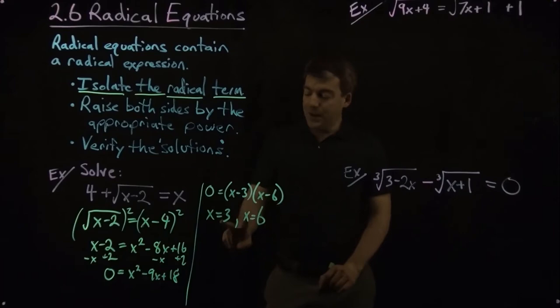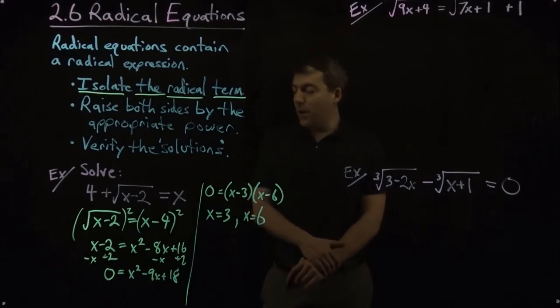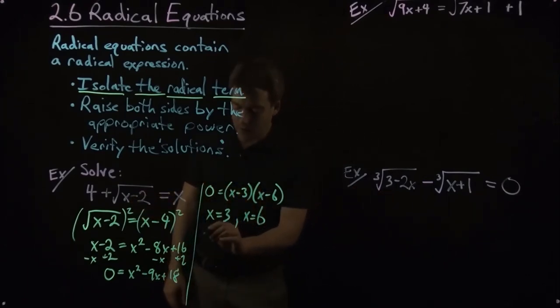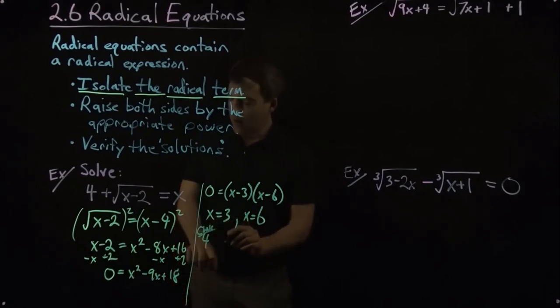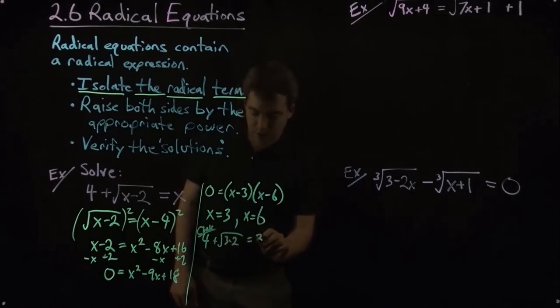At this point we want to check these solutions in the original equation to make sure that they indeed verify. So we'll try 3. We have 4 plus the square root of 3 minus 2 equals 3.